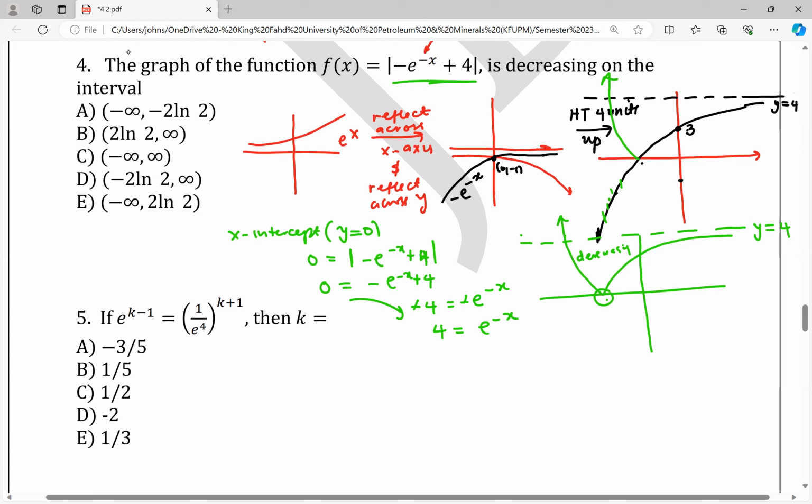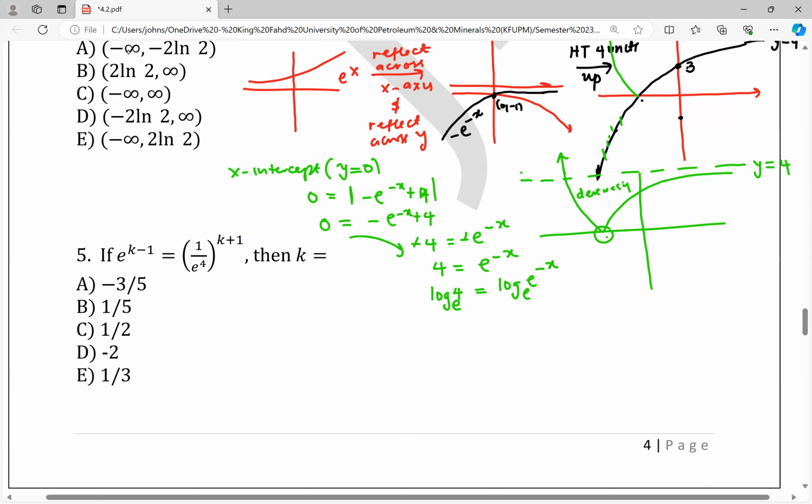Since the bases are not the same, you can take log to base e of both sides. So you have log to base e of 4 equals log to base e of e to the minus x.